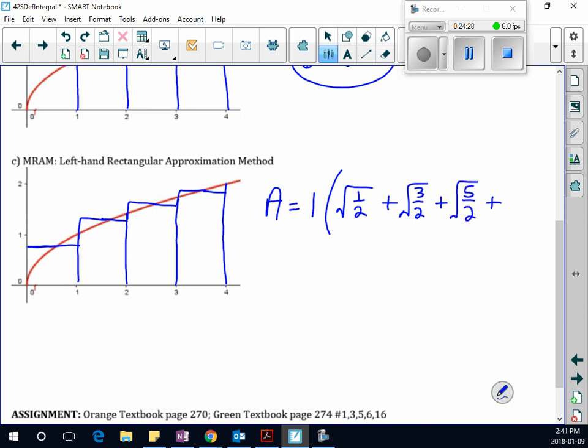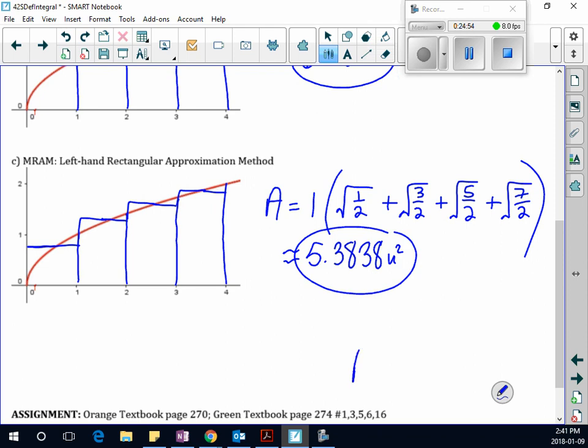And then this is 3.5, which is 7 over 2, so this is the square root of 7 over 2. So I add it all up and I get approximately 5.384838.